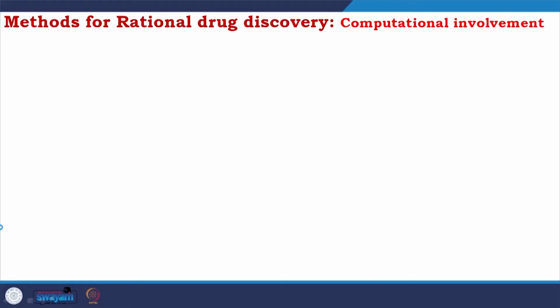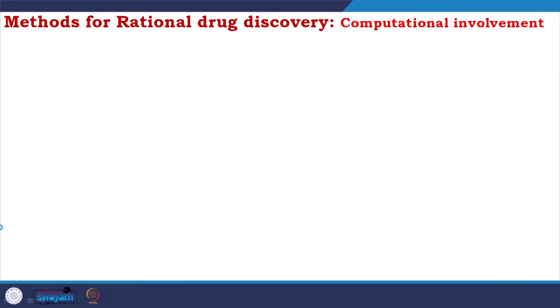So, I will talk about the methods for rational drug discovery and especially the enhancement in the speed of those innovations with the incorporation or advancement of computation.